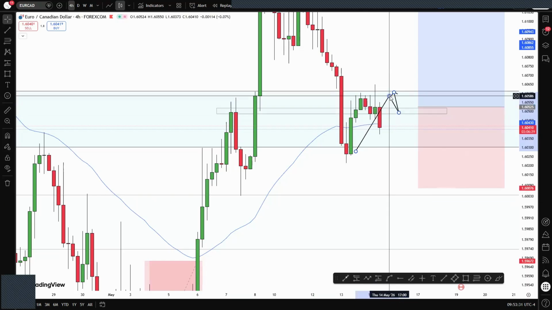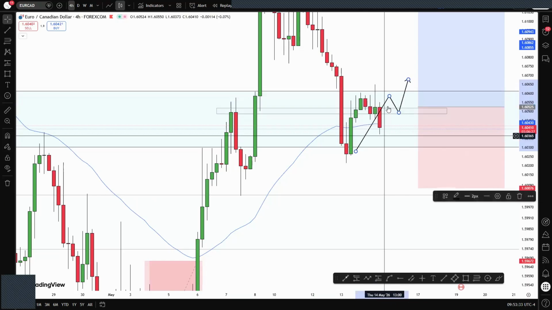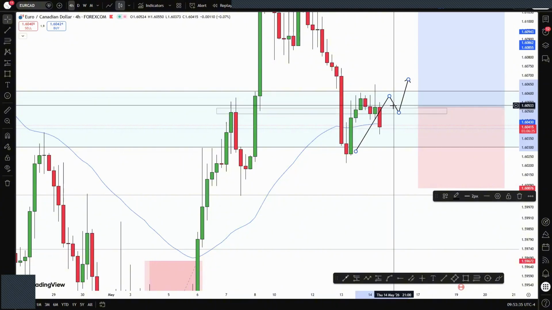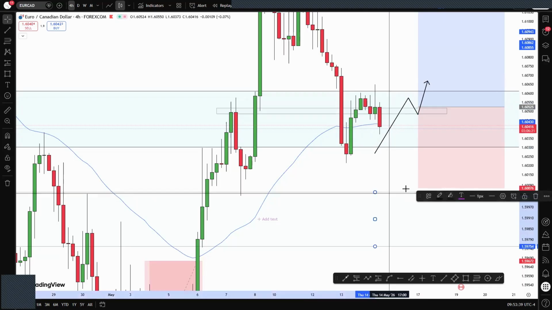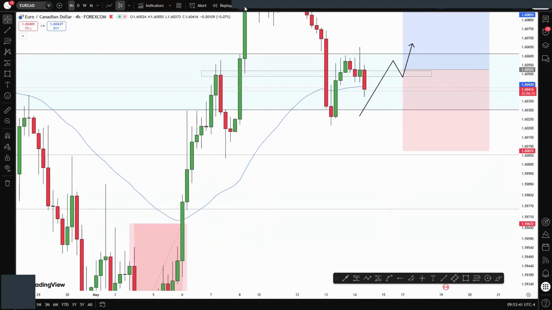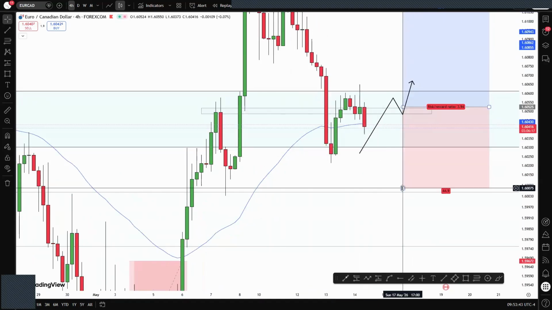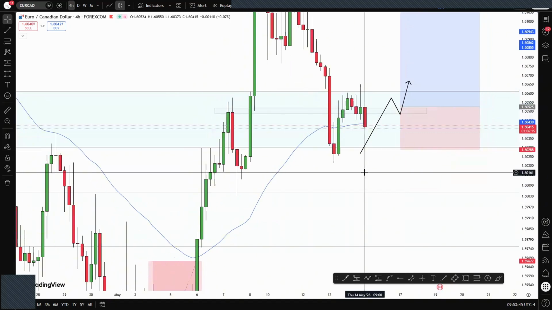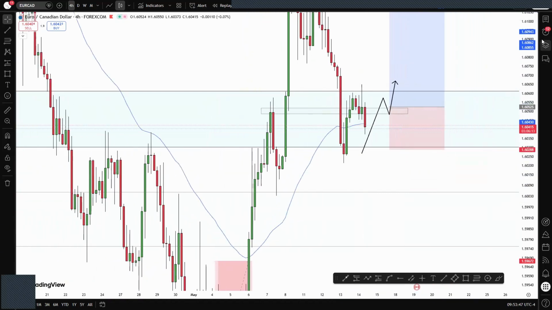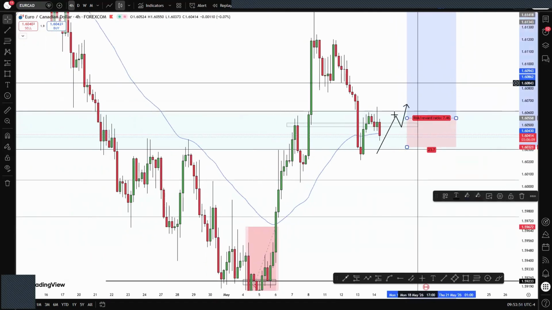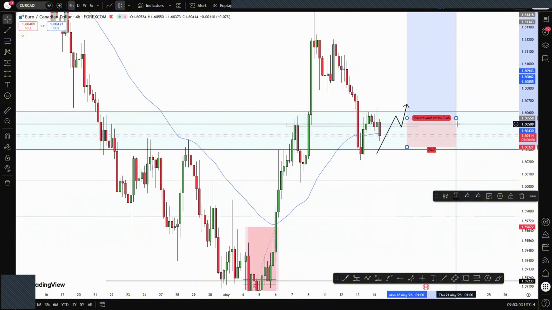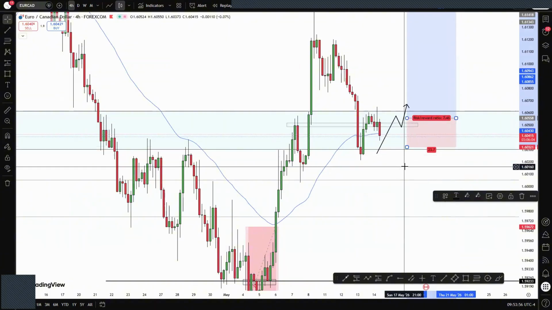So I'm still waiting again for price to break above and give me my retest and engulfing, then I'll buy. But for now, I'm doing nothing at all. I'm just relaxing. And hopefully it gives us that so I can practice my entry.